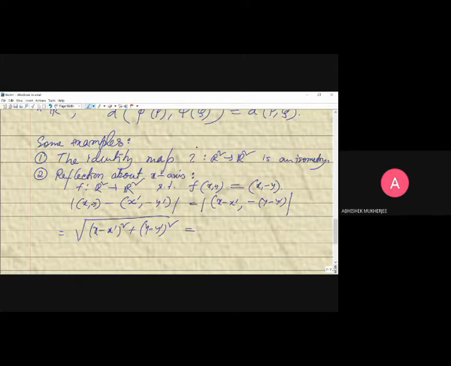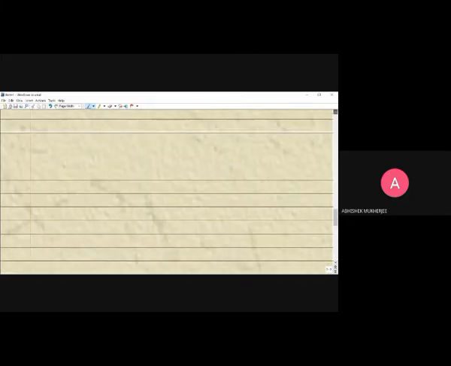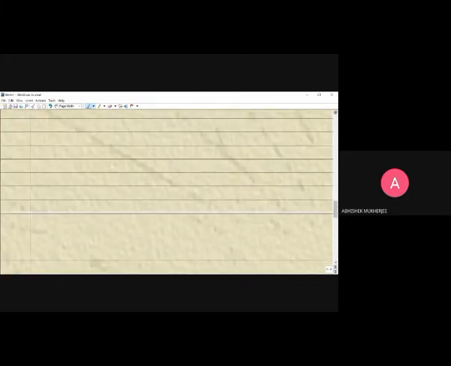Since it is a square, the minus sign doesn't make any difference. So that means it is the distance between (x, y) and (x dashed, y dashed). So this proves that the reflection about x-axis is an isometry.